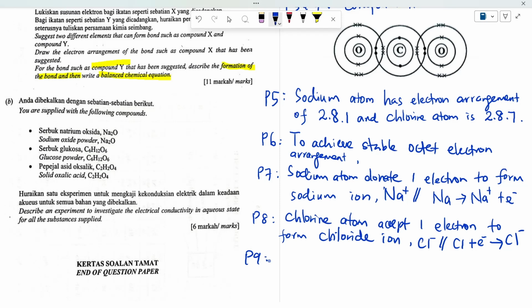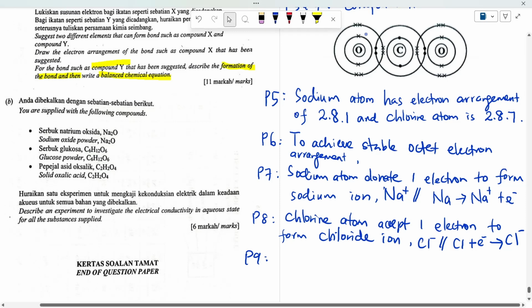Next, after you mention the gain or loss, then after that, Emery, what is the next point? You mention the electrostatic force, right?